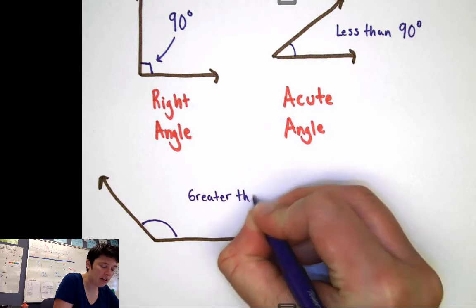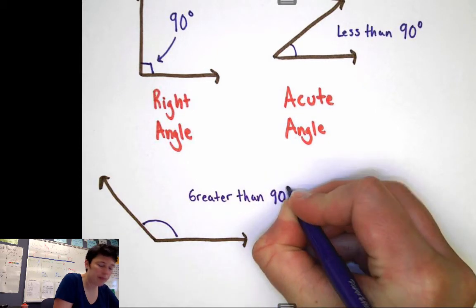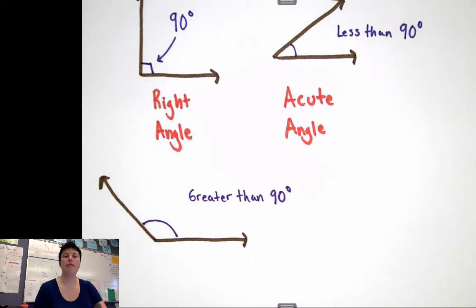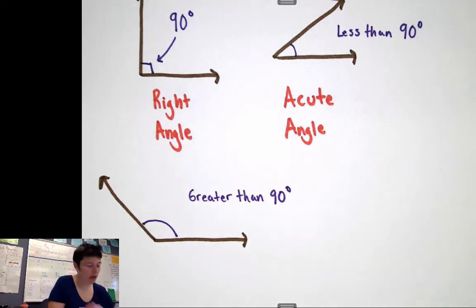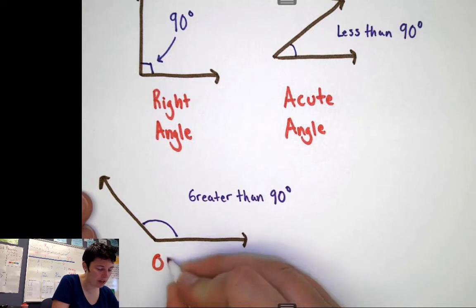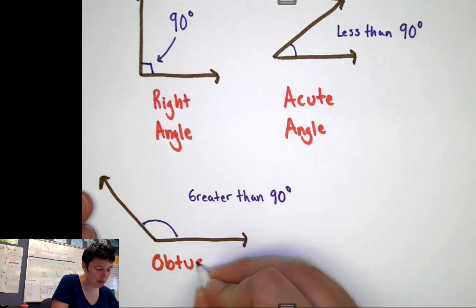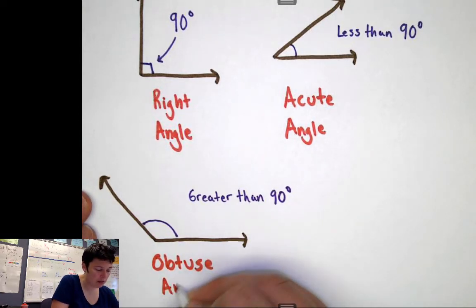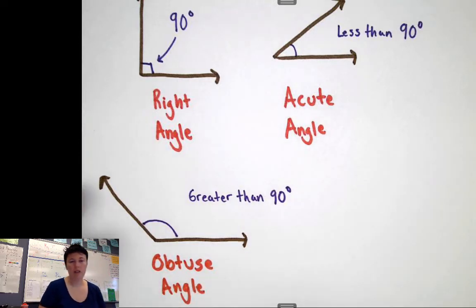It's big. So the name for these big angles is we say they are obtuse. Obtuse. I think of oversized. They are huge. It's an obtuse angle. It's big, greater than 90.